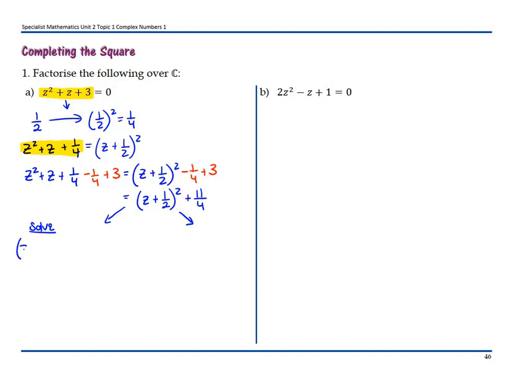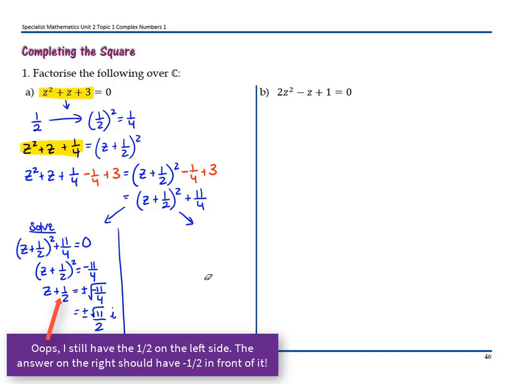I would just go z plus a half all squared plus 11 over 4 equals 0. z plus a half all squared is negative 11 over 4. So z plus a half is plus or minus the square root of negative 11 over 4, which is plus or minus the square root of 11 over 2 i.